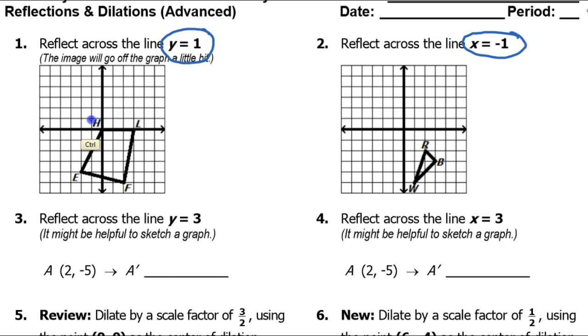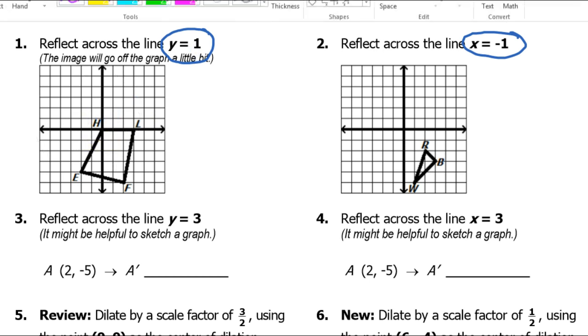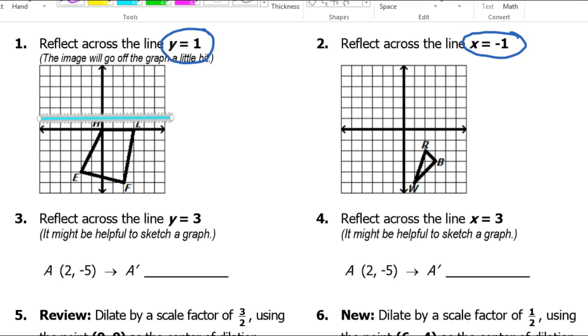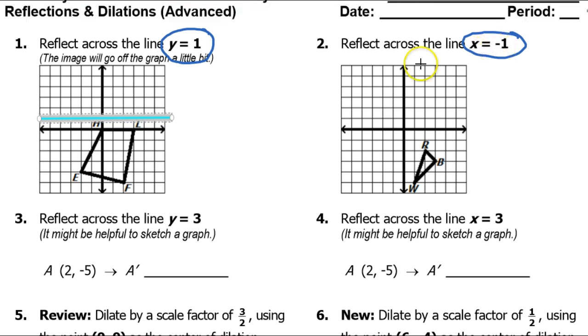It's a horizontal line at 1. So this is the line y equals 1. Similarly, the line x equals -1 is a vertical line. It's a vertical line at -1. So this is the line x equals -1.